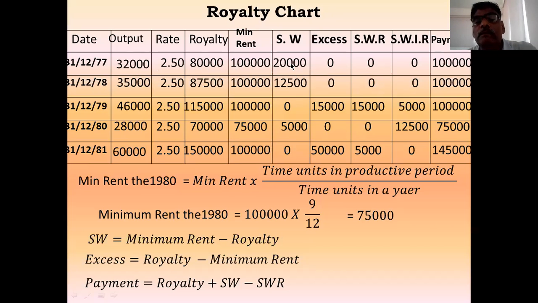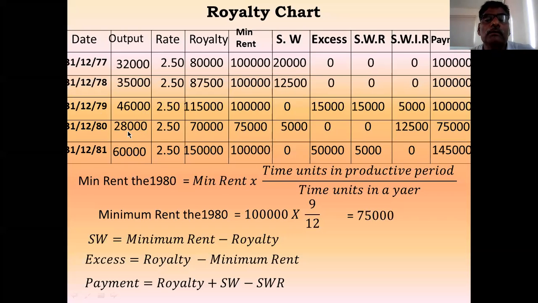It comes in the first entry, short working account debit. In the second year, only the SW column. It comes in the first entry, short working account debit. In the third year, there is no SW column, 0. Here SWR 15,000. It comes in the second entry, 2 short working. You write this as 2 short working and this as 2 short working in the third entry, while writing the journal entry in the third year.